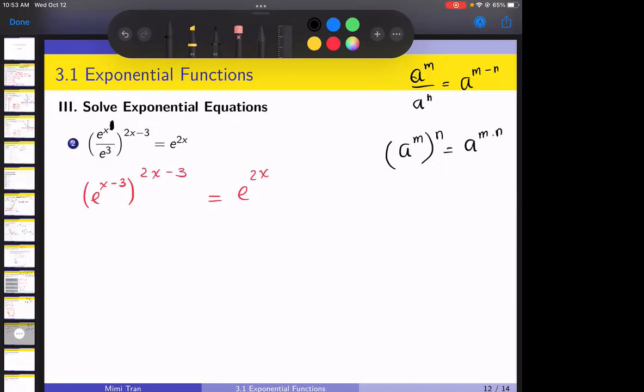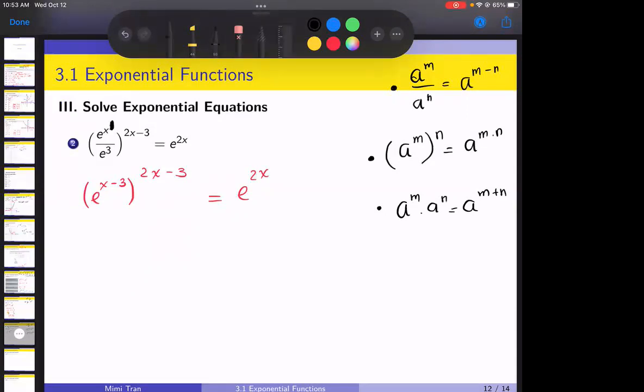Let me tell you another rule. This is quotient, this is power, and then this is product rule. And then you add, right? Notice that they're different. Mess up all the time. They multiply for this one and add for that one.